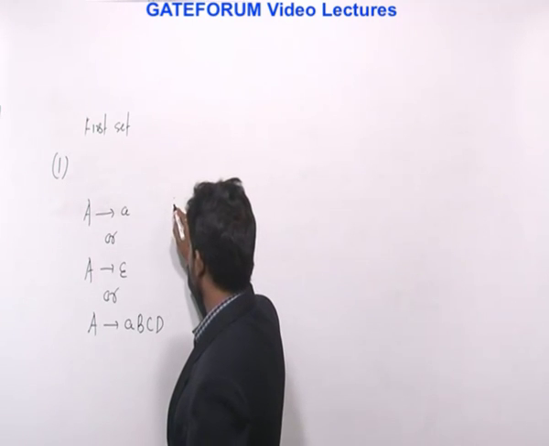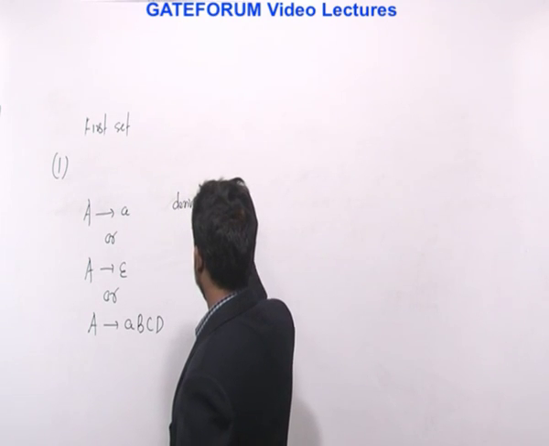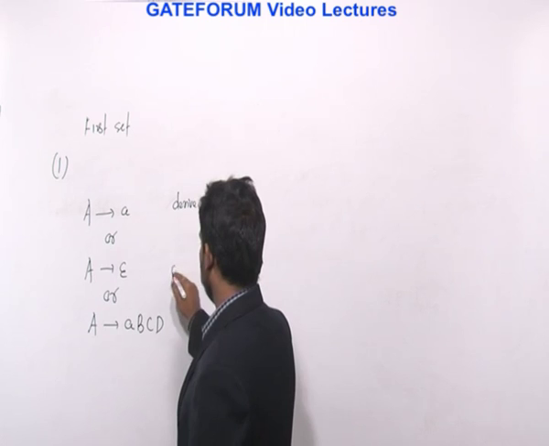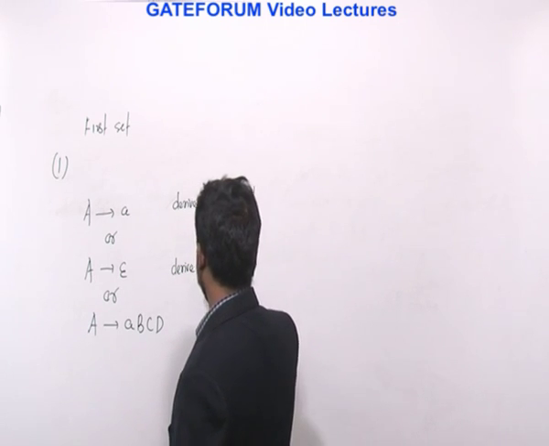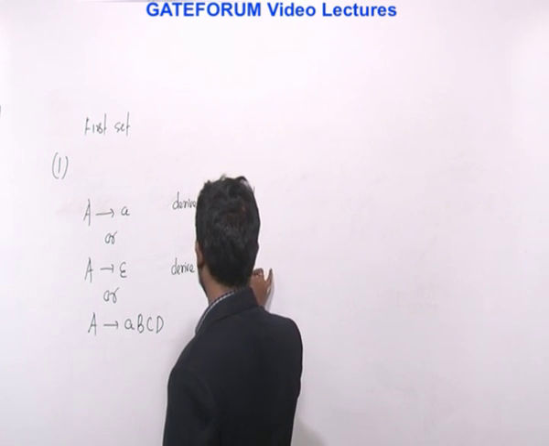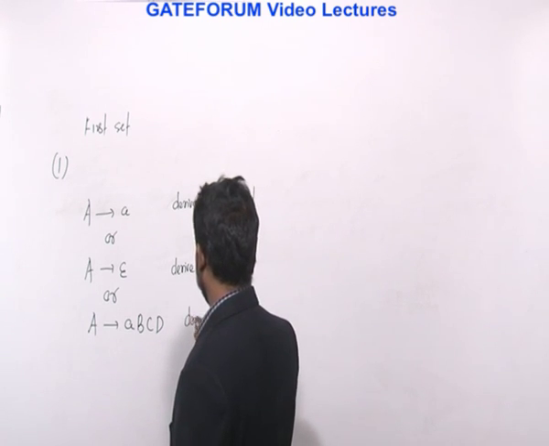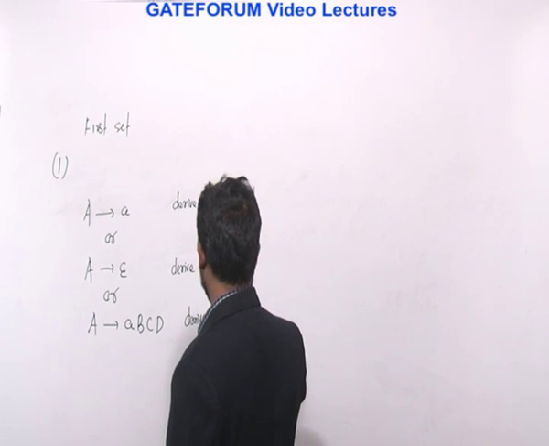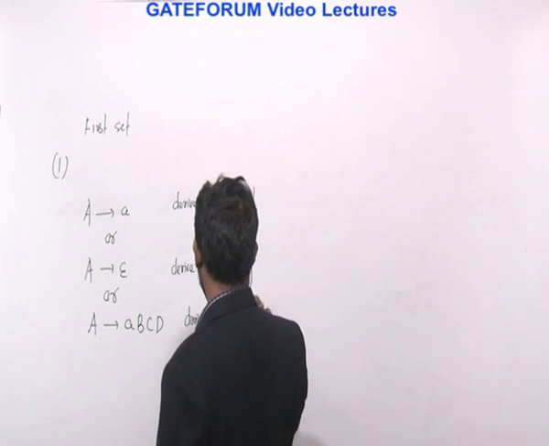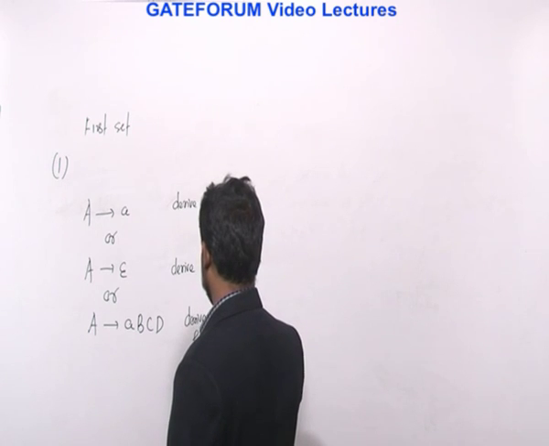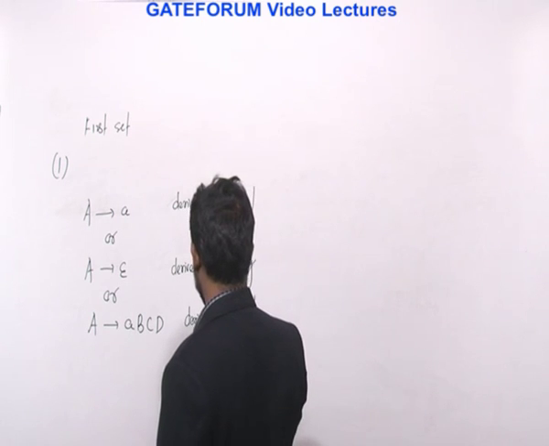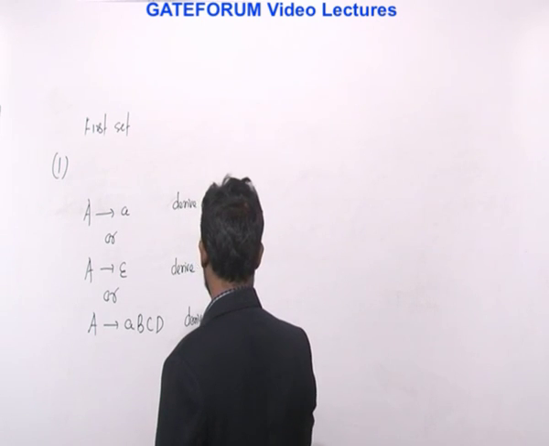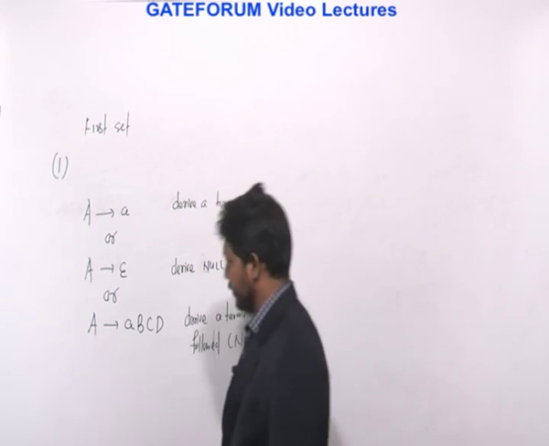Okay, it starts with a terminal: A derives a terminal, A derives the null string, A derives a terminal followed by (non-terminal union terminal)*, anything, anything you write over there.